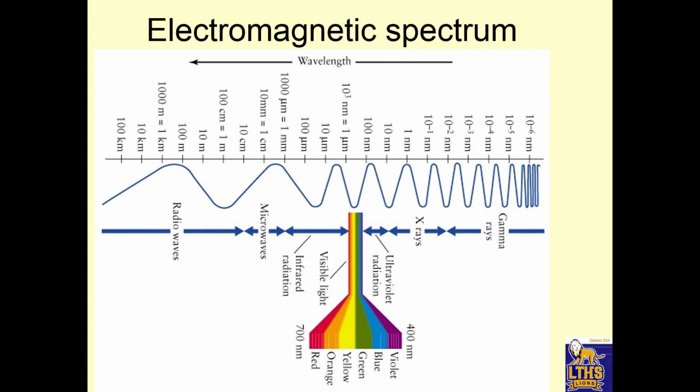The difference between them is that some have long wavelengths and some have short wavelengths, and all others in between. So that means if you're standing in a spot watching these waves go by, the more often they go by, the higher the frequency, the shorter the wavelength. So these are high frequency, short wavelength, and these are low frequency, long wavelength. And you can see that visible light is somewhere in between.